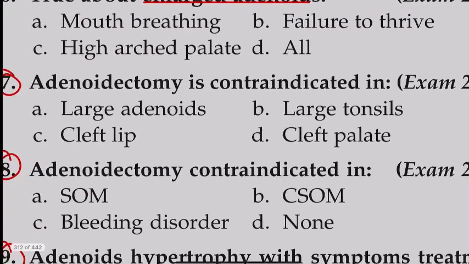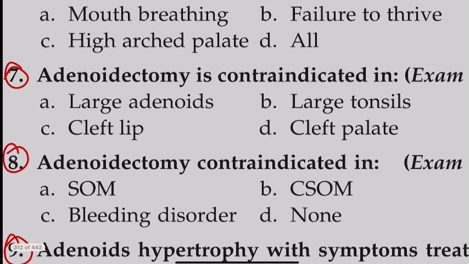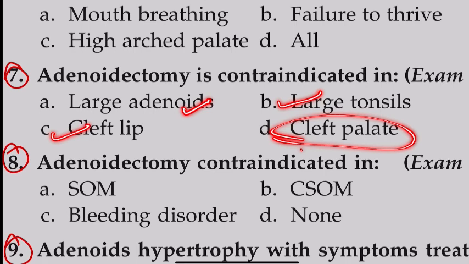Adenoidectomy is contraindicated in, now where is it contraindicated? It is contraindicated in cleft palate, not cleft lip. Large adenoid, it is done. In large tonsil it is done. Cleft lip also it is done. The contraindication is in cleft palate or submucous palate, along with hemorrhagic diathesis and acute infection of the upper respiratory tract.